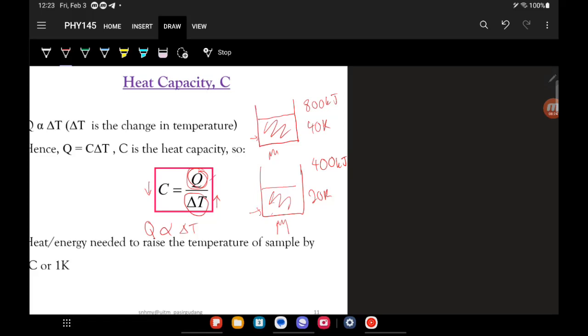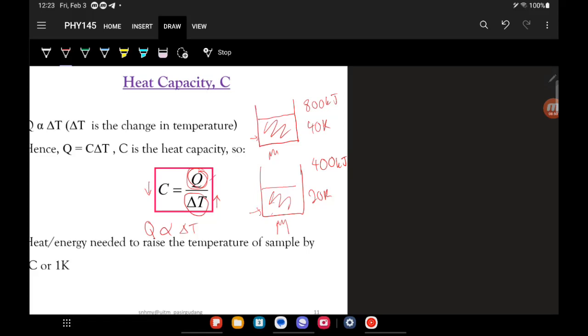That's why metal can heat up faster, because the heat capacity of the metal is quite small compared to the insulator side of objects.